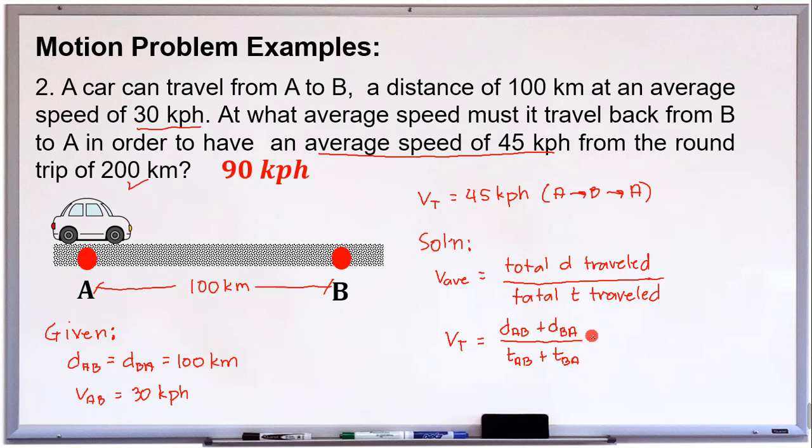Okay, so in the numerator, the distance from A to B and the distance from B to A are the same, equal to 100 kilometers. So if we sum up, that is equal to 200 kilometers. So we already have a value for our numerator.